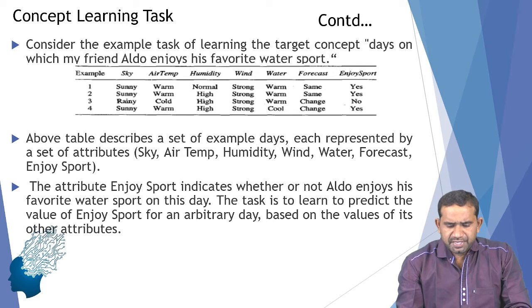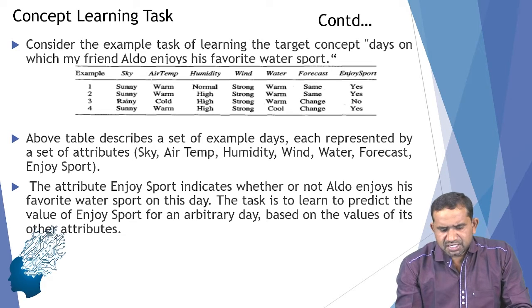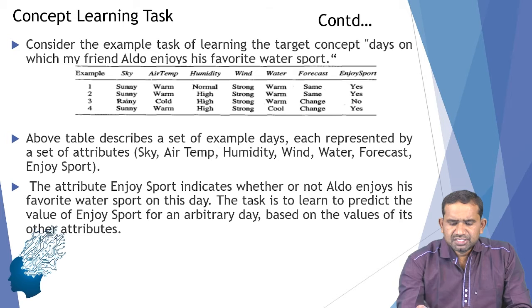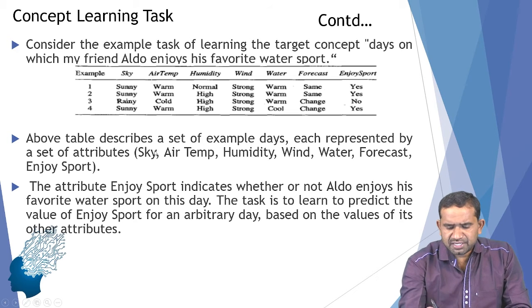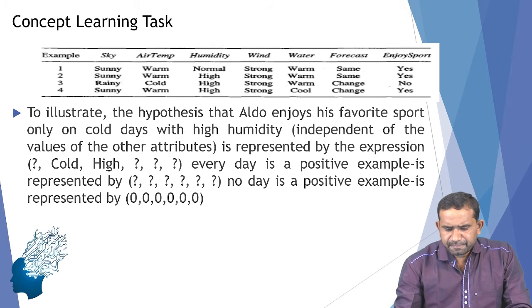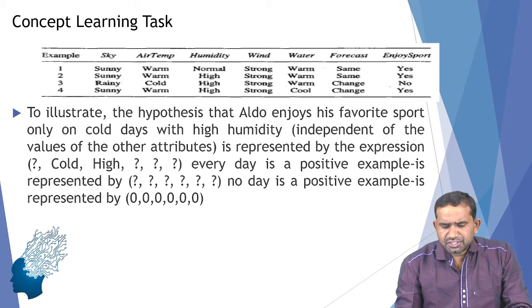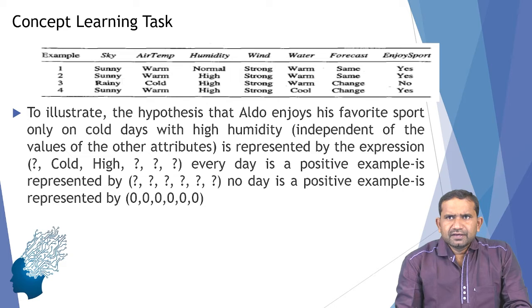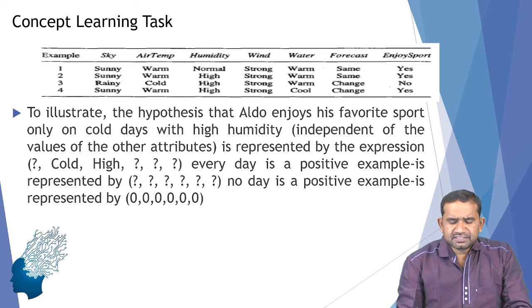The above table describes a set of examples, each represented by a set of attributes. Nearly 6 attributes are there: sky, air temperature, humidity, wind, water, forecast, and the final result about enjoying the sport.